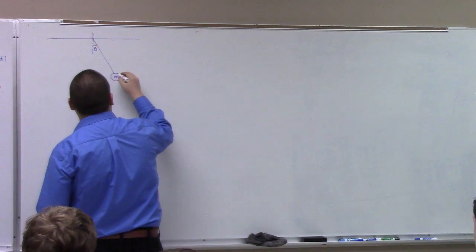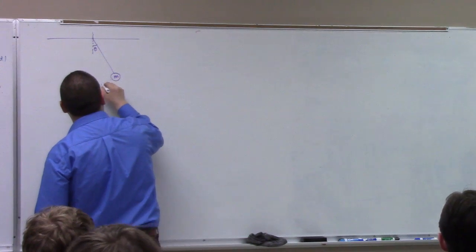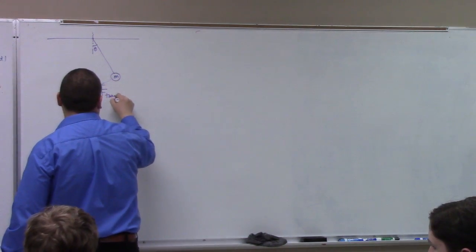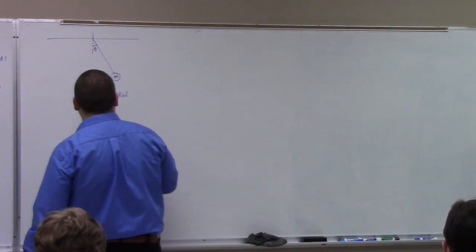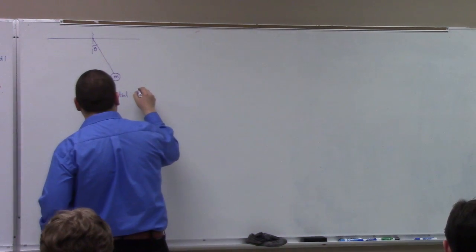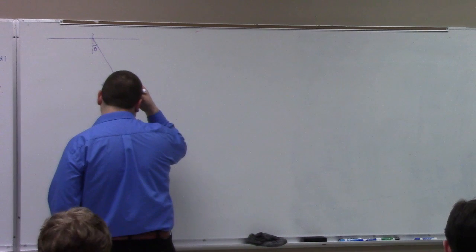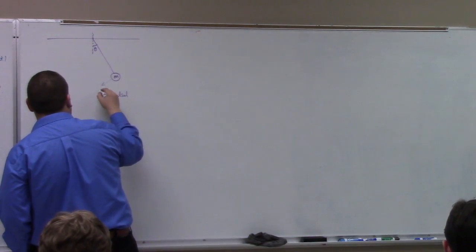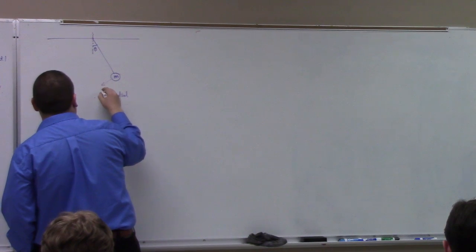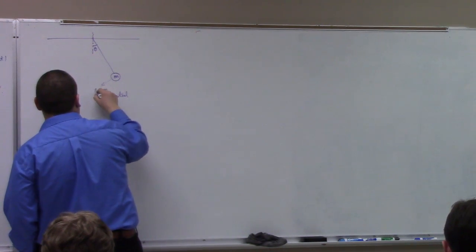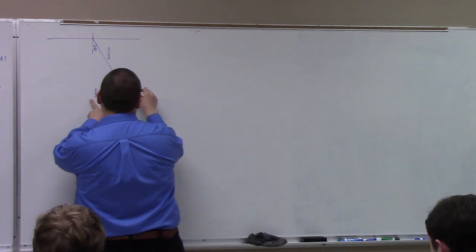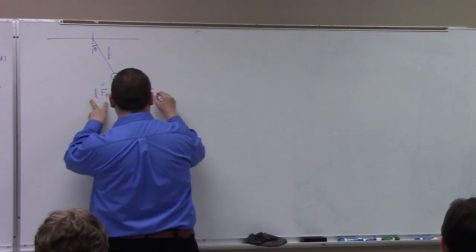Let's see here. Basically, I need to find the component of the force which is tangential. What is that? The tangential component of the force times the radius. I'll call L, the radius in this case. This gives me the torque, right?